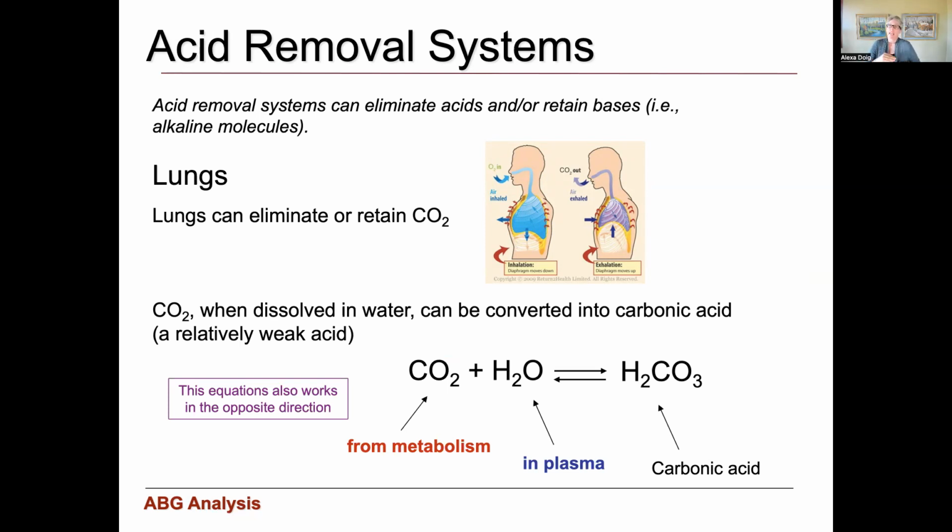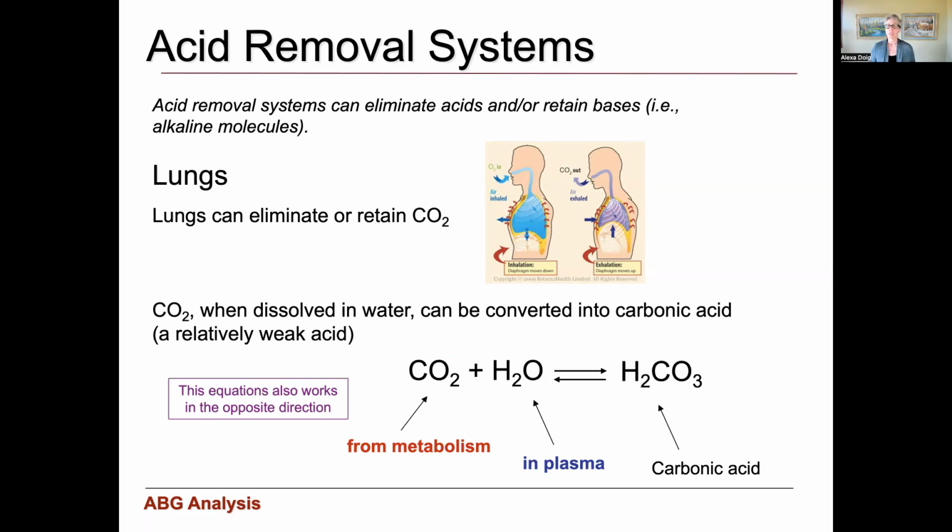So even though our pH is a little bit alkaline, we're always producing acid. So we need systems to be able to get rid of acid so that we can stay within our normal pH range. So one of those systems, of course, is the lungs, and the lungs affect blood pH and body pH by either eliminating or retaining carbon dioxide.